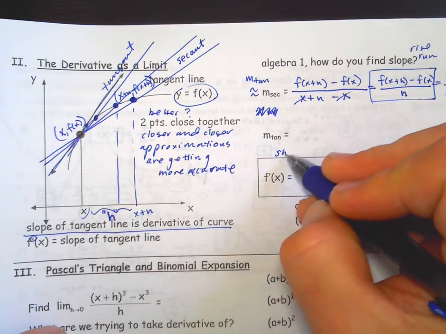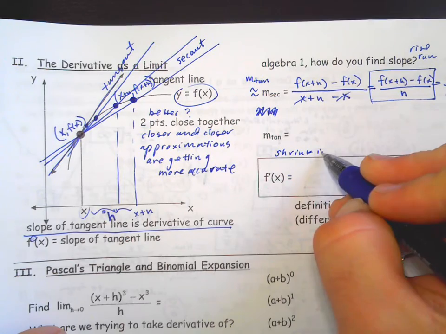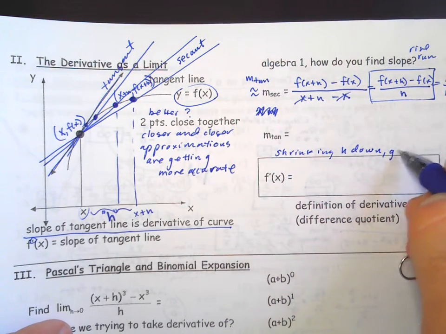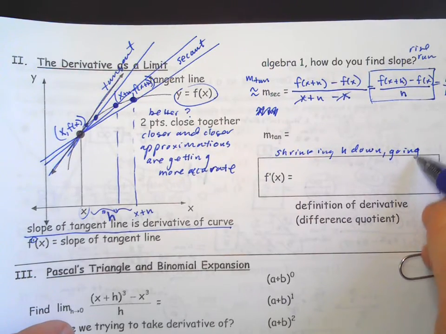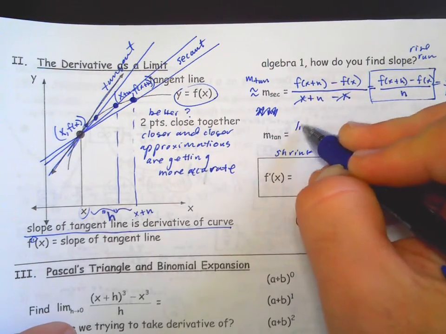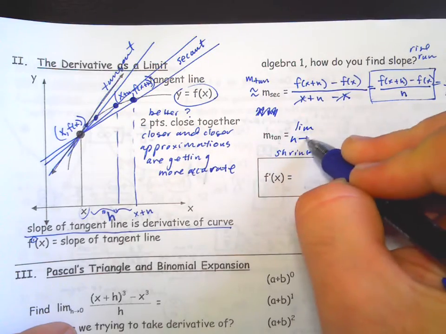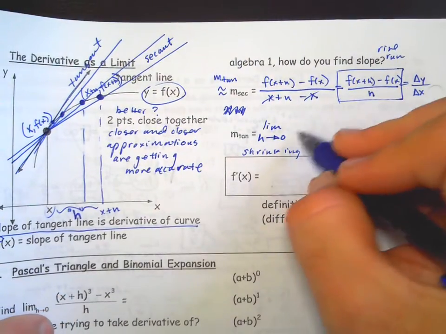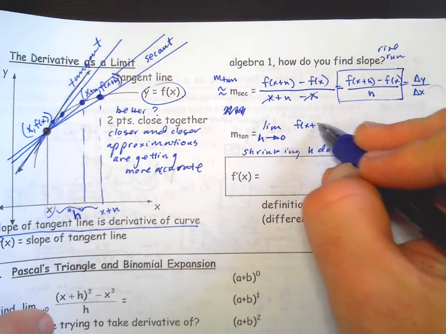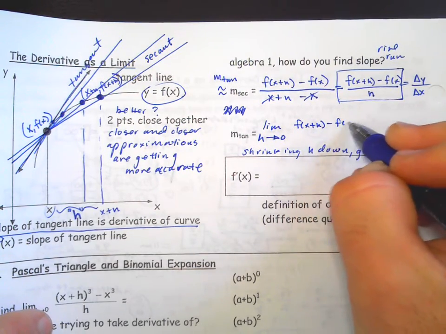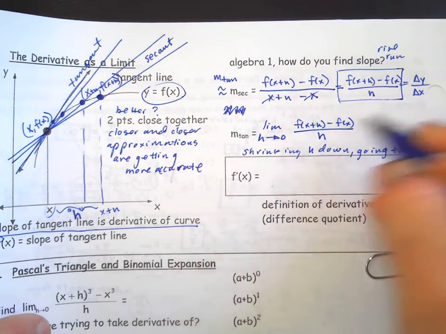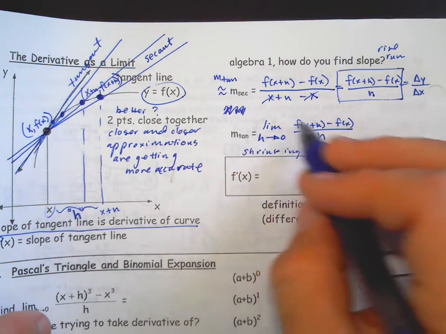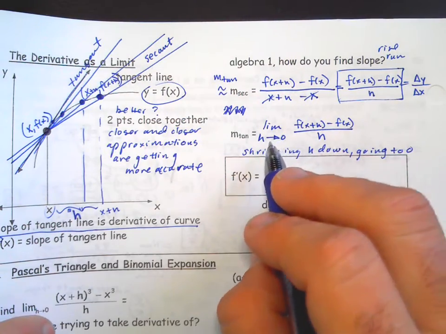So we're shrinking h down, going towards 0, right? So that would be the limit as h approaches 0, right, of this expression. This is still our slope of any secant line, right?